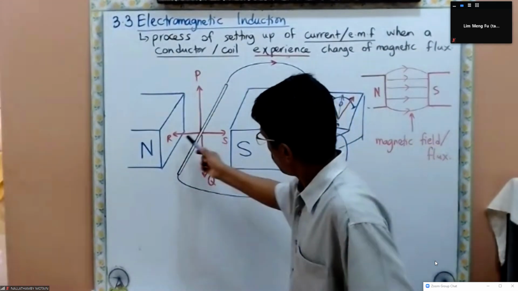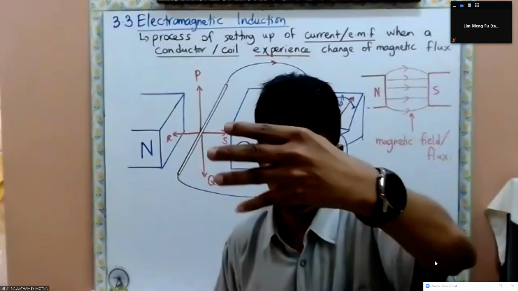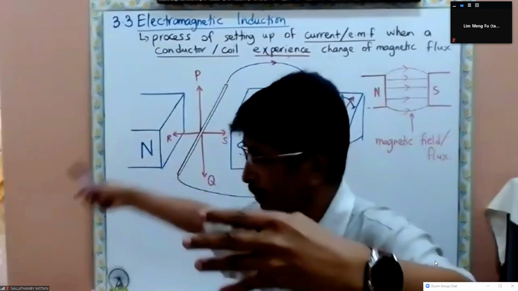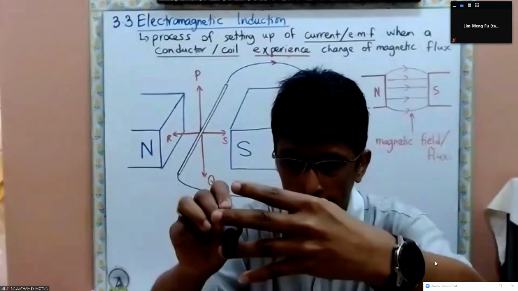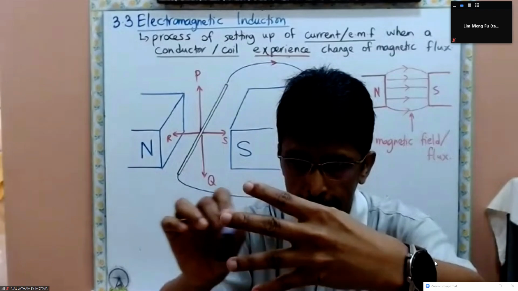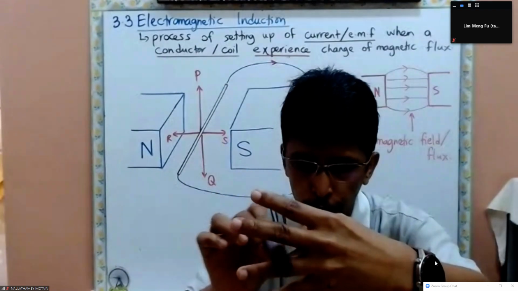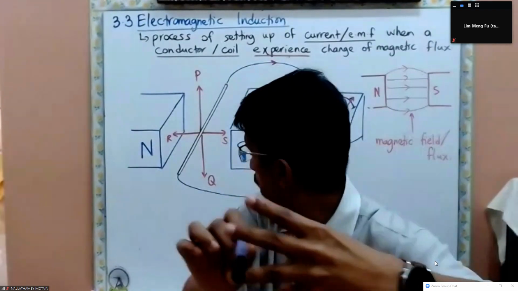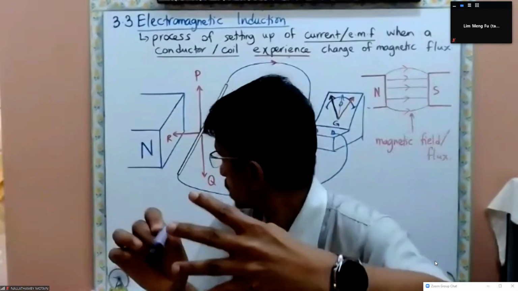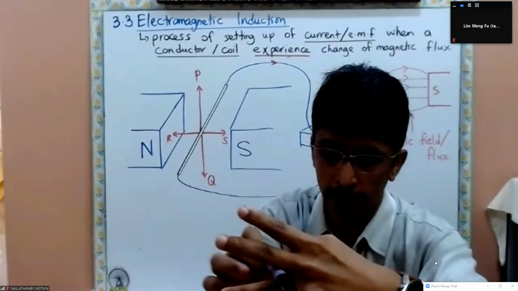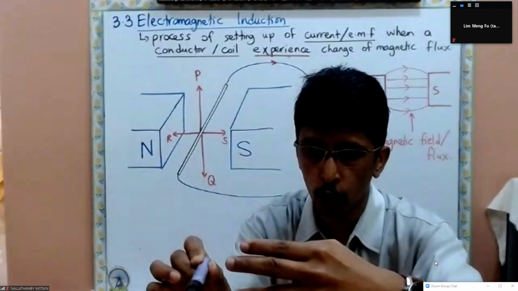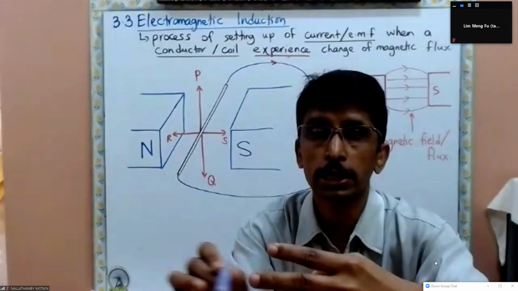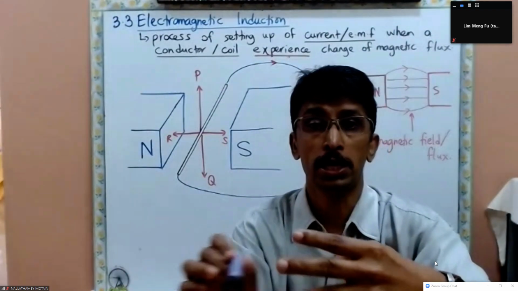But now R and S. Here the magnetic field is parallel. If the conductor is at the center, it is moving parallel to this. Is current induced? No. If moving in the direction of R or in the direction of S, inward, no current is induced. Why? Because the conductor moves parallel to the magnetic field.